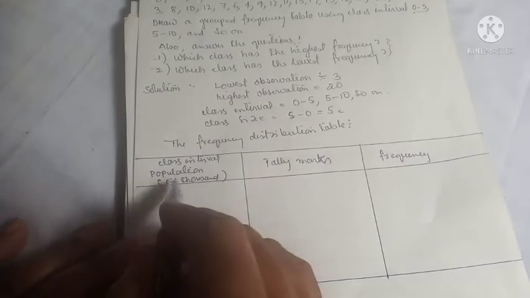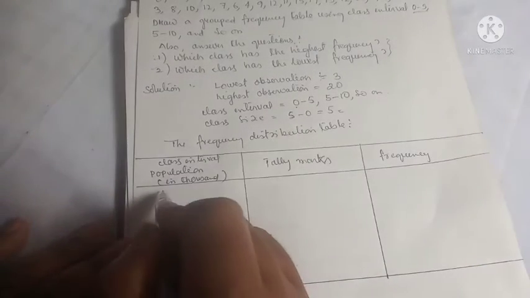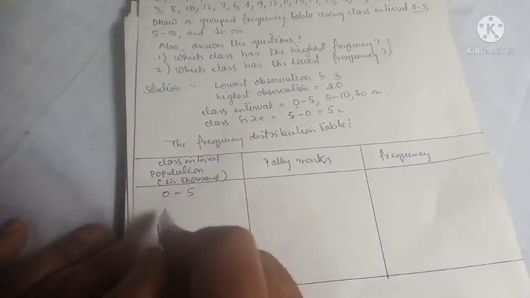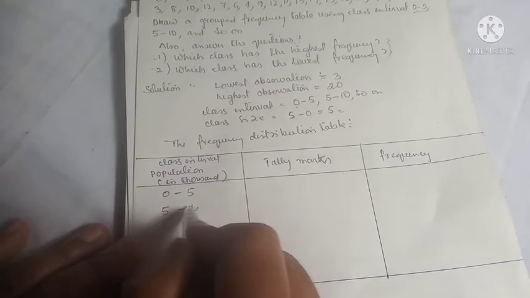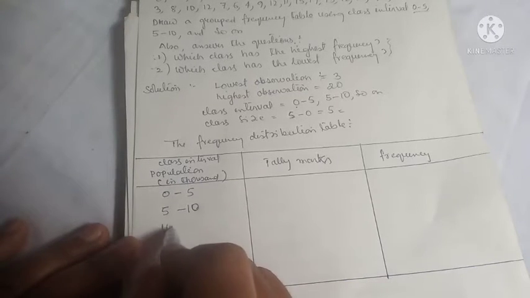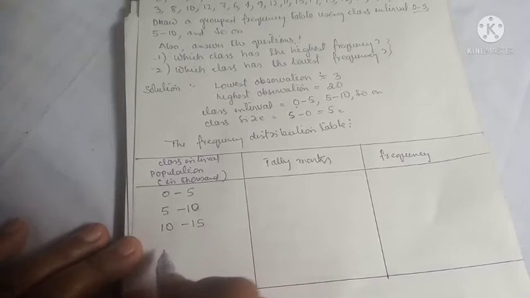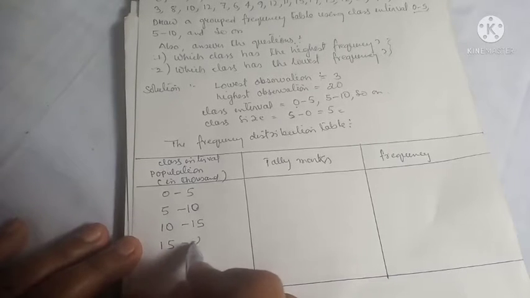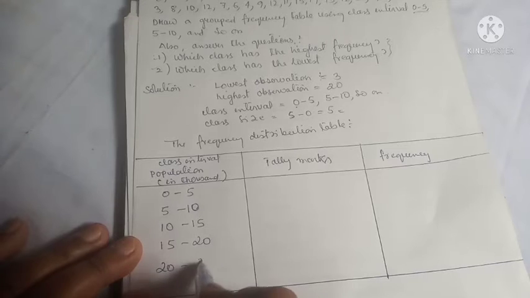Now see, the class interval starts from 0 to 5, next 5 to 10, next 10 to 15, next 15 to 20, next 20 to 25.